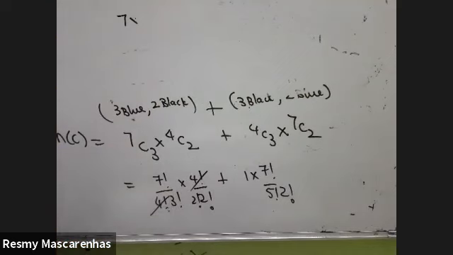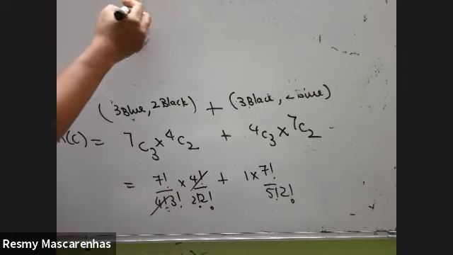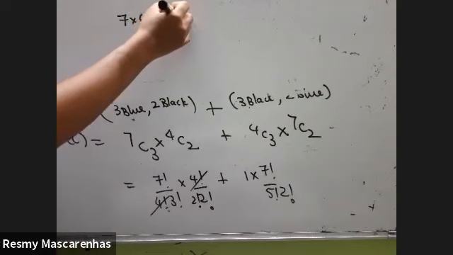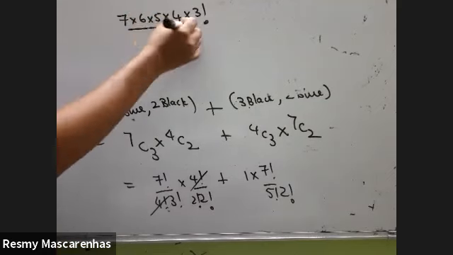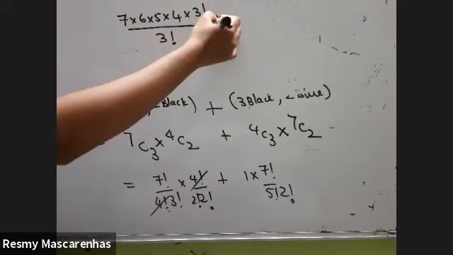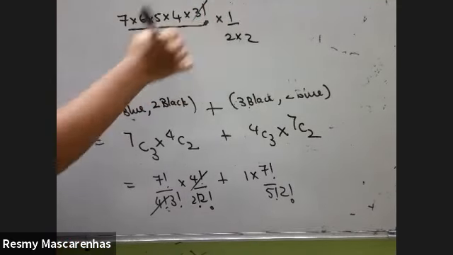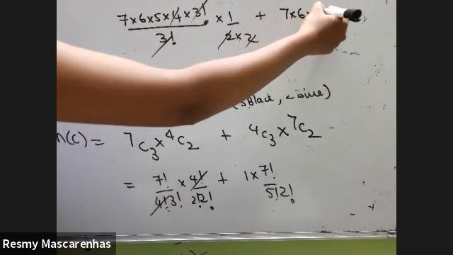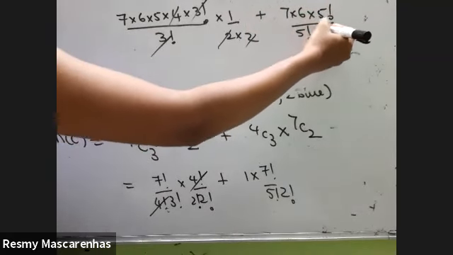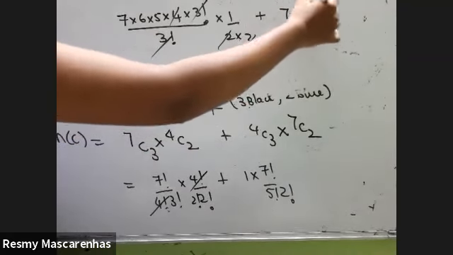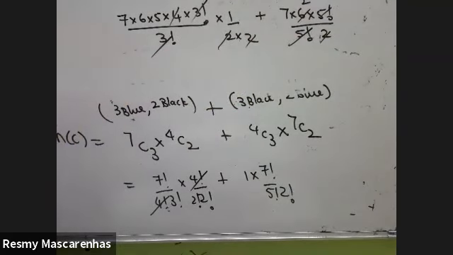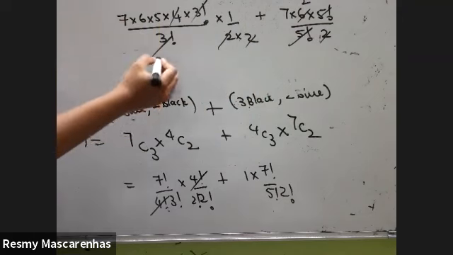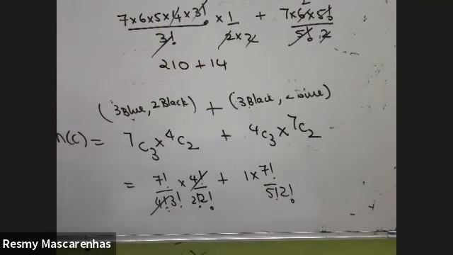4 and 4 factorial will cancel. Two twos are 4, plus 14. 6 5s are 30, plus 7 twos are 14.